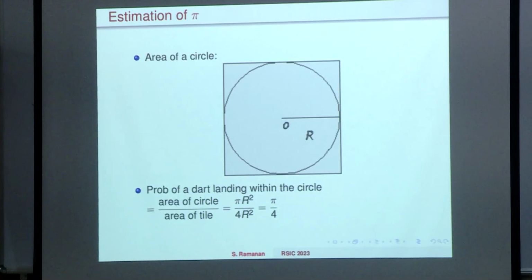Now I can find the area of the circle, because if I know the area of the square, I'll just use this probability to measure the area of the circle, or I can reverse the problem and get an estimate for pi to see how well I do this integral. It's an integral, but I'm going to approximate it using probability.